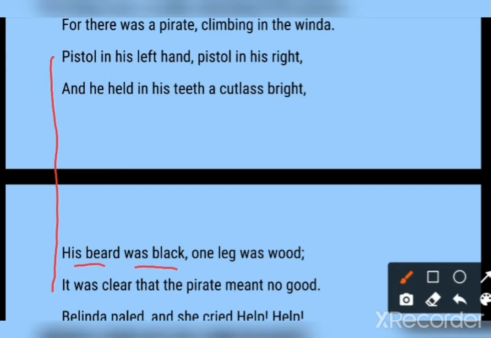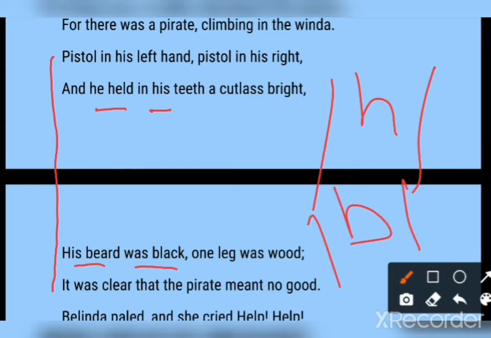And this is the h sound, and this is the b sound. He held his: three words start with the h sound, and then beard and black, the words start with the b sound.